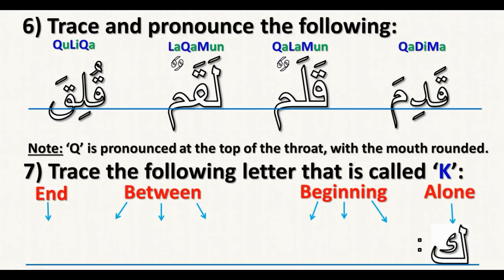How does the letter K appear in the different parts of a word? Here is how the letter K will appear when it is alone. At the beginning of the word, the symbol is taken out and used, and so it represents the letter K. To begin writing the letter K, you start from here, and then you come down, and then you join on to the other letter.